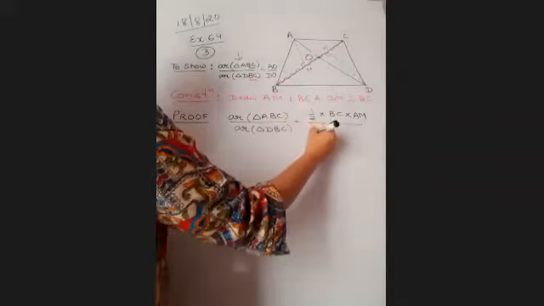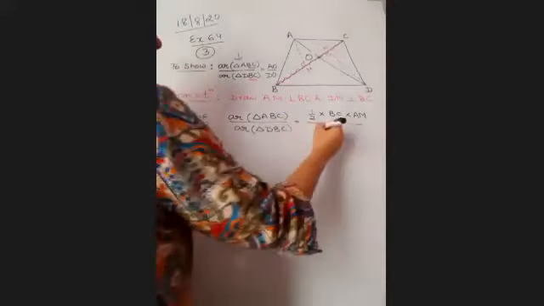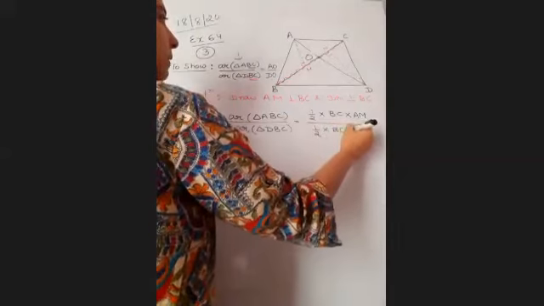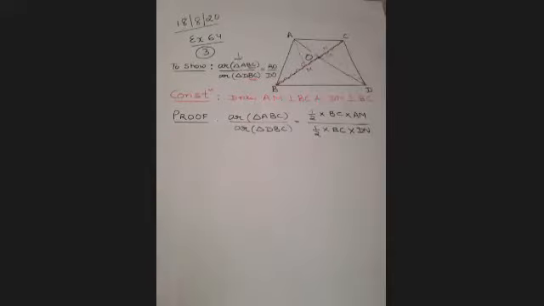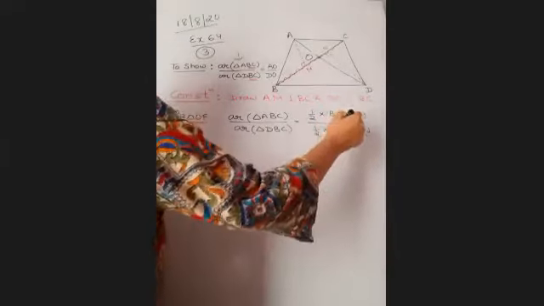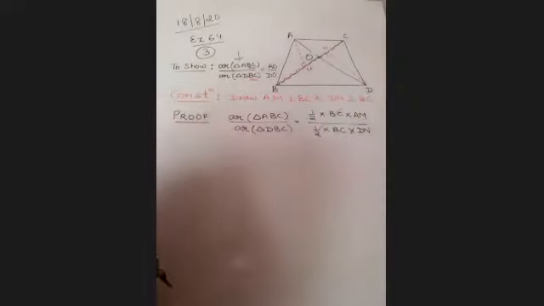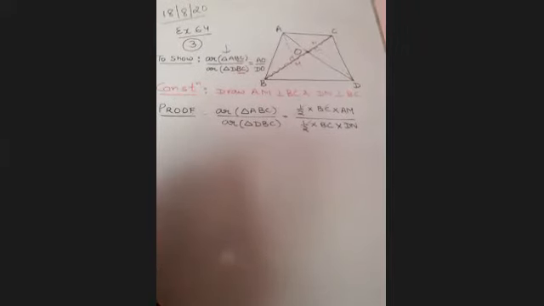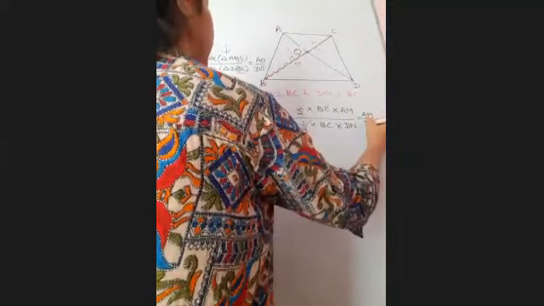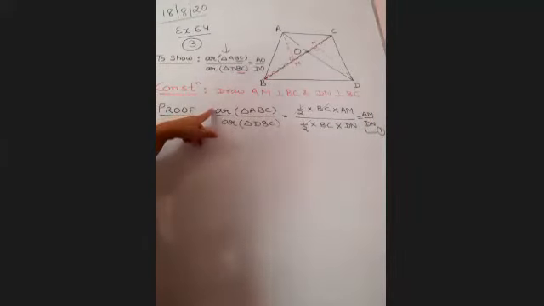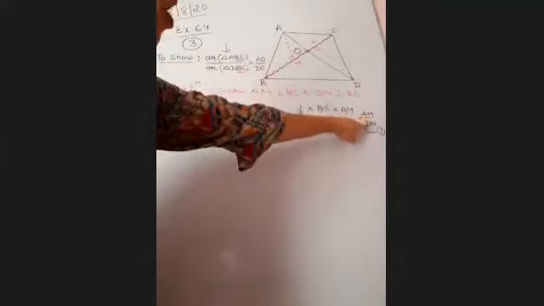Half, again the base is BC, and the height is DN. Clear? So half and half cancel, BC and BC also cancel. What are we left with? AM upon DN. Yes. We are left with AM upon DN. Let me call it equation 1.